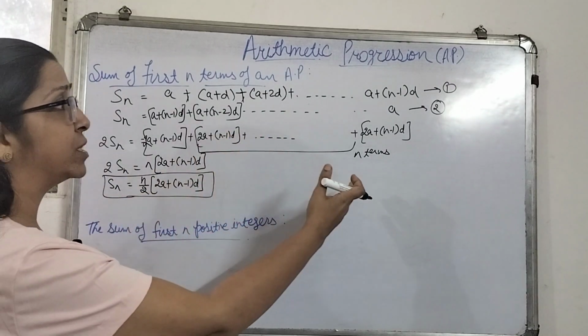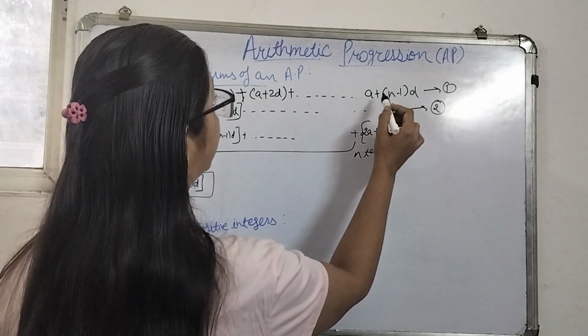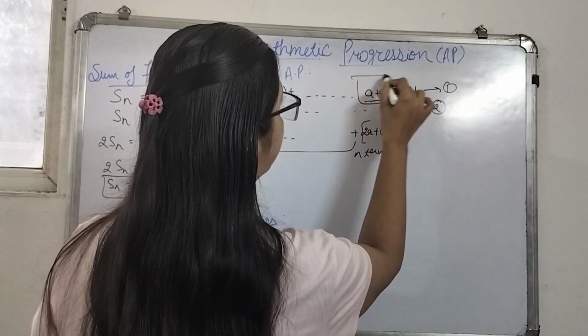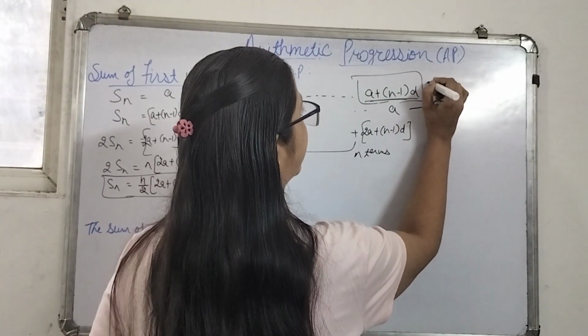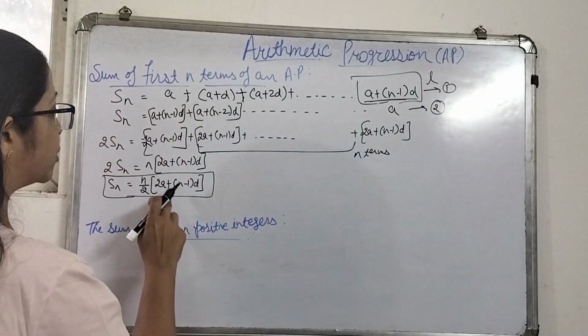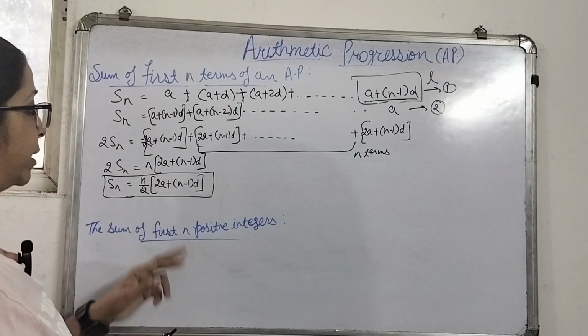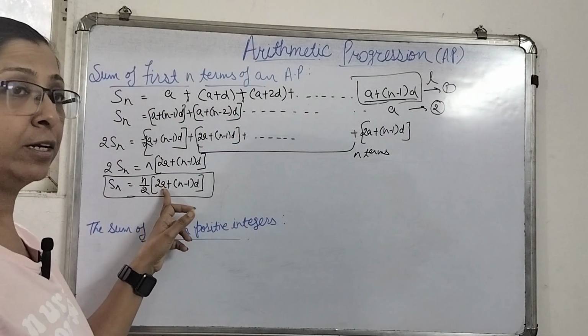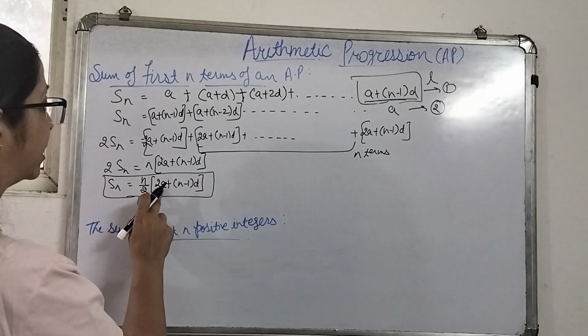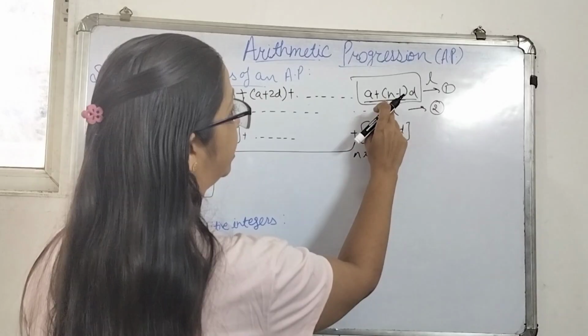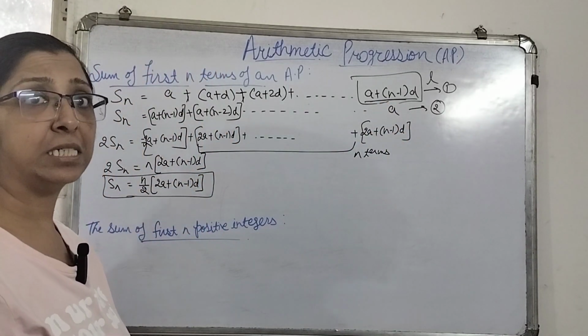Now if the last term is given to us, as we just said, if your series is a finite series and this is your last term, the last term is also denoted by L. So a plus (n minus 1) into d, here it is your 2a. 2a could be written as a plus a also. So one single a plus (n minus 1) into d could be written as your last term also.